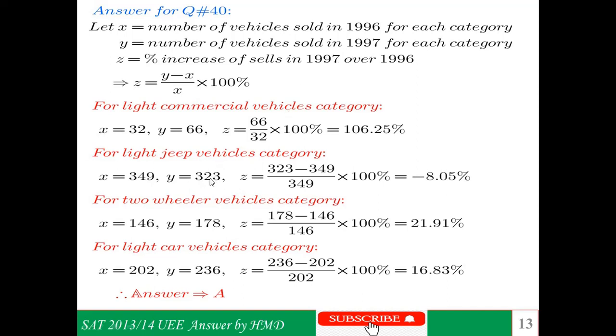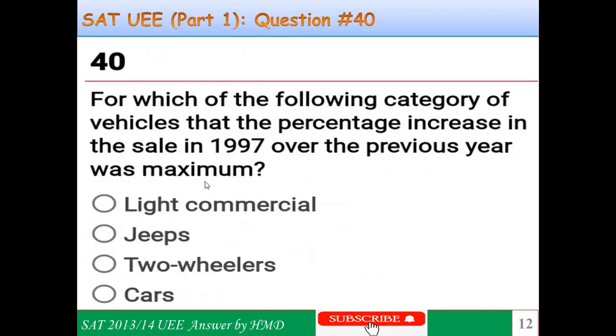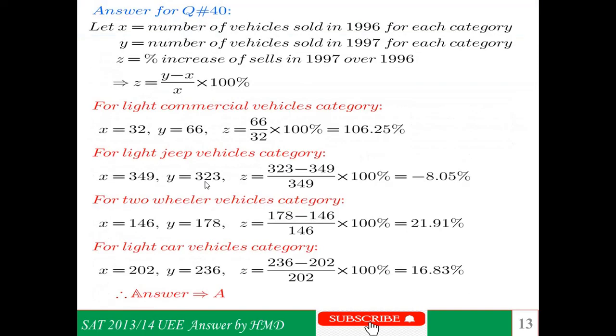So Z becomes (323 minus 349) over 349 times 100%, right? It becomes negative 8.05%. What does it mean? This implies it was decreasing.